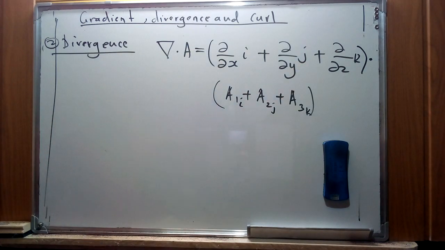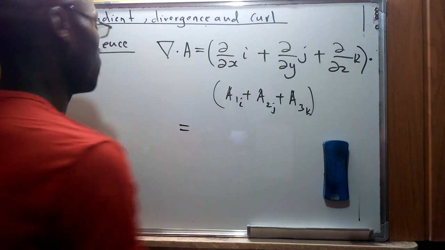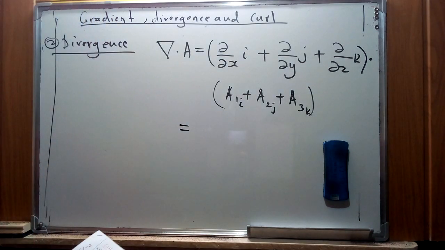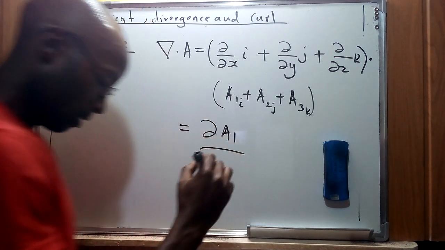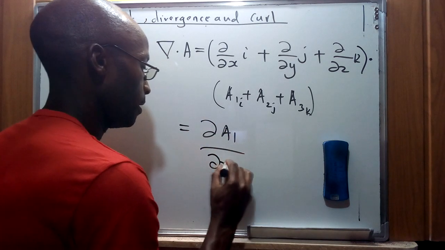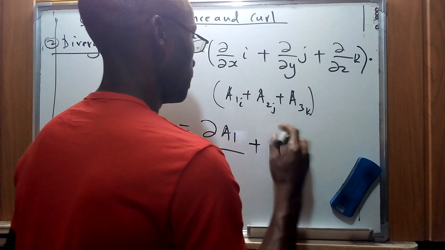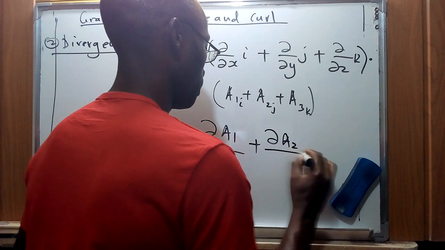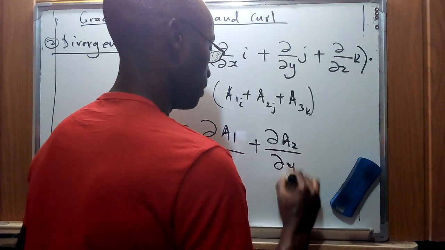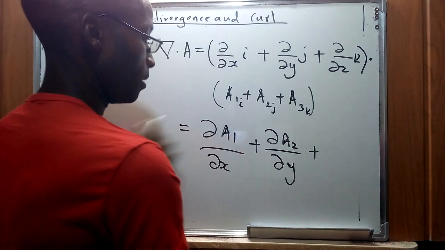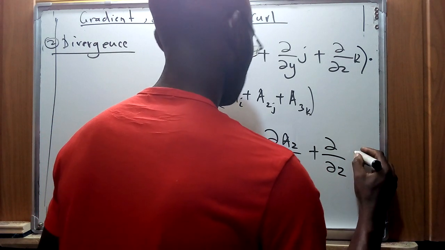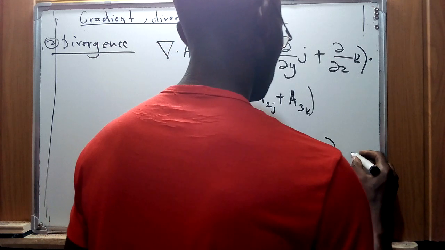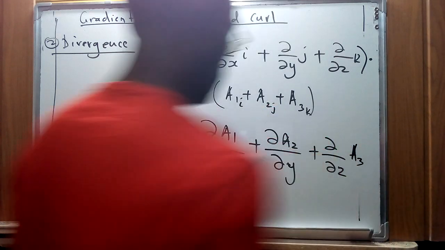So the overall equation for the representation of a divergence can be given as dA1 over dx plus dA2 over dy plus dA3 over dz, and this is the z component which is given for 3.